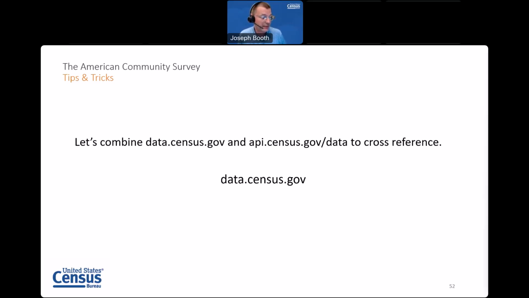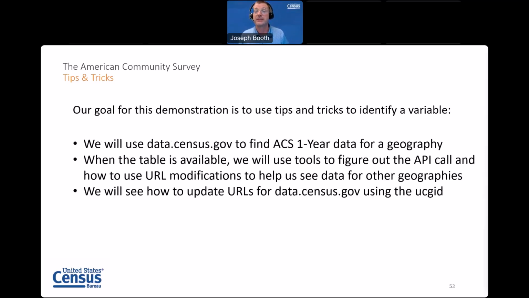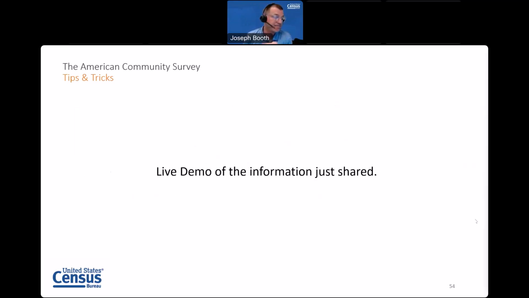So all the data that is presented on data.census.gov is all of the data that is inside of the API. This is a good thing to know because we can use data.census.gov as our front end to the API. So we can use the visual cues of the UI to help us isolate API calls that we might want to make to the API to retrieve data.